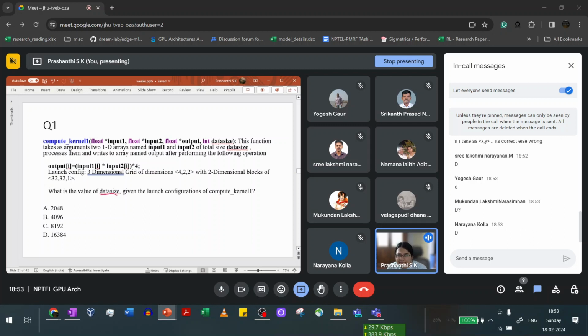So again, I would say pay attention to how many elements the kernel is taking care of, and therefore how many such elements are there based on your grid and your block dimensions. Anyone else who's still calculating?